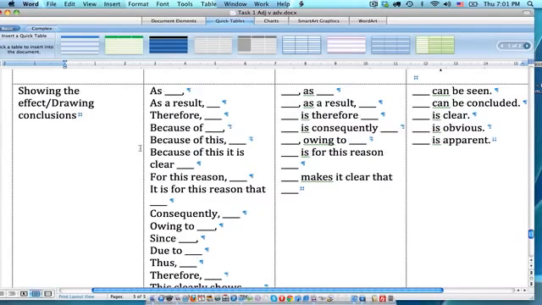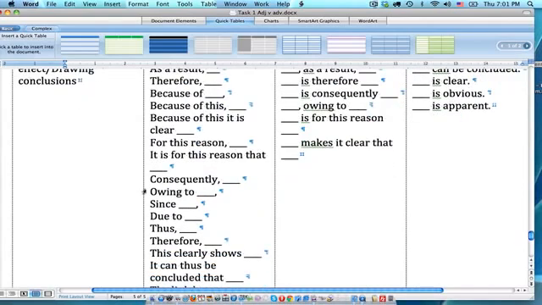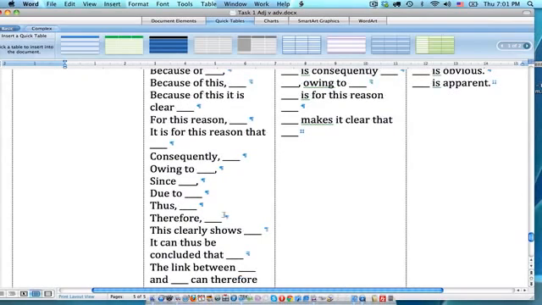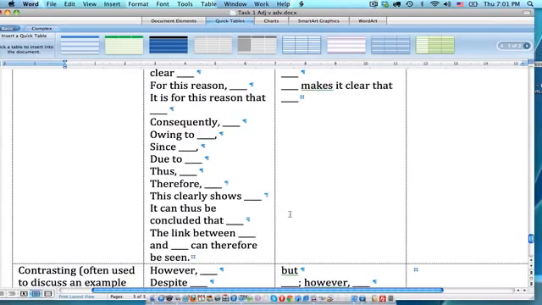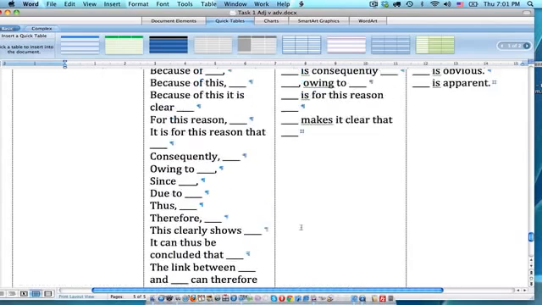Because of this, it is clear; for this reason, comma; it is for this reason that; consequently, comma; owing to, which you'll recall we had an example above, and don't forget your comma; since, blank, comma; due to; thus; therefore; this clearly shows; it can be concluded that the link between blank and blank can therefore be seen.